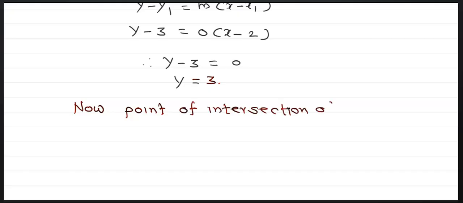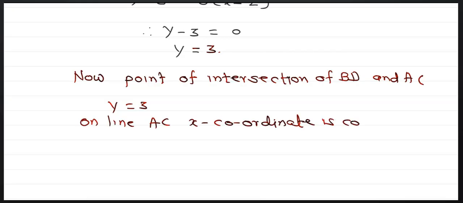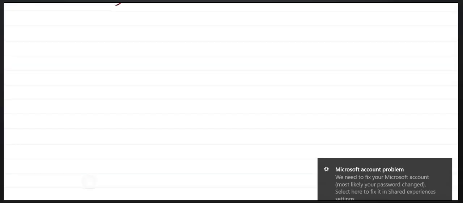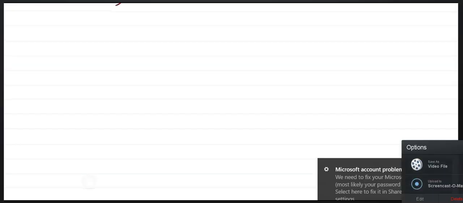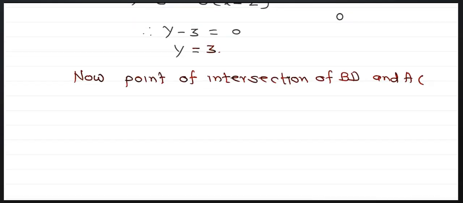Now the point of intersection of BD and AC. In this case, the y coordinate is y equal to 3. At the point of intersection of BD and AC, y is equal to 3.